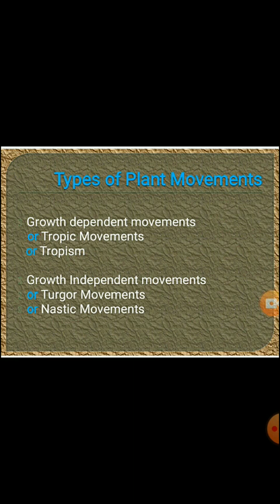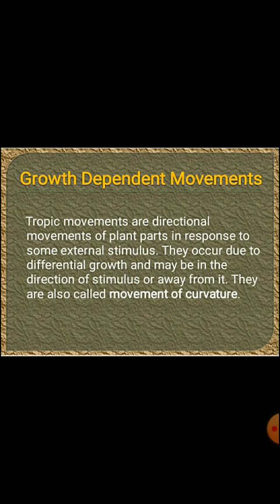But first we discuss what are growth dependent movements. Okay, so let's start today's class with growth dependent movement found in plants. Growth dependent movements are produced due to differential or unequal growth in different parts of a plant in response to some external stimulus.